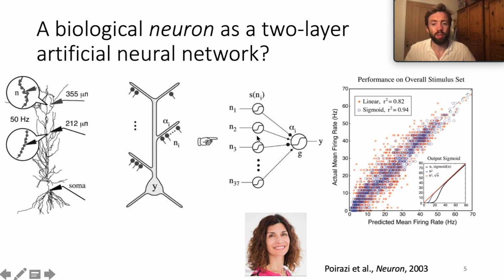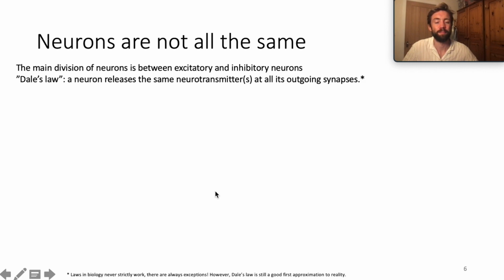And then all of those dendritic branch inputs are summed up at the soma, where it goes through another sigmoid type nonlinearity. So therefore they suggested that a biological neuron may be computationally similar to a two-layer artificial neural network. Where this was just one neuron, one pyramidal cell, which is a classic type of cell that's abundant in the cortex. However, not all neurons are the same.